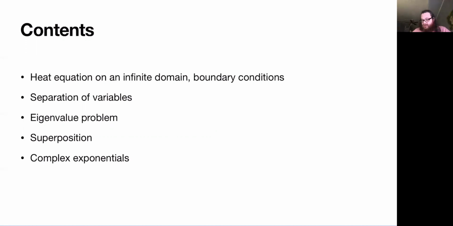Then we're going to turn back to separation of variables, seeing what that looks like in this context. We're going to solve an eigenvalue problem, sum up these solutions using the principle of superposition, and then look at complex exponentials and the complex version of all of these solutions.